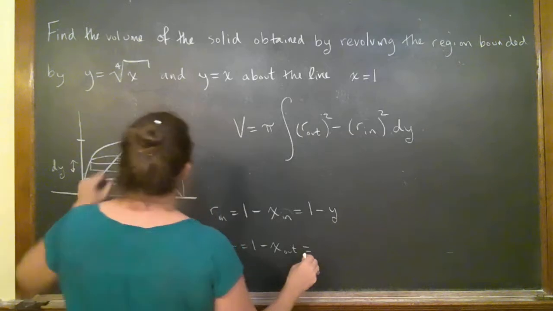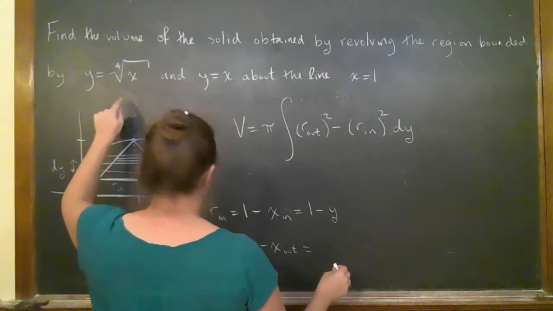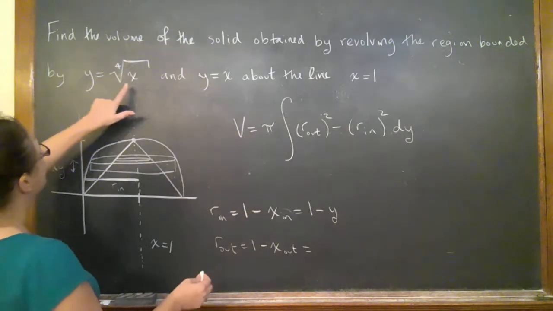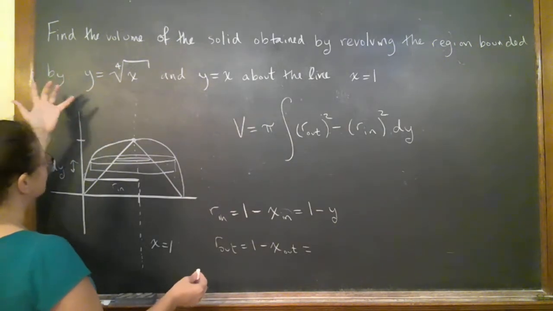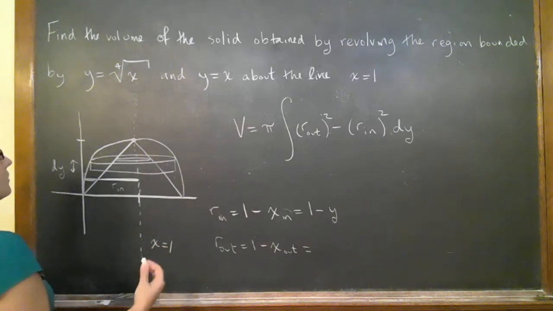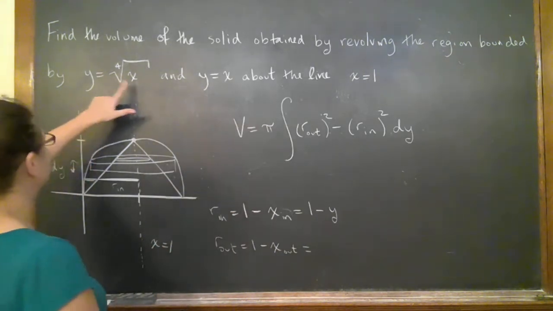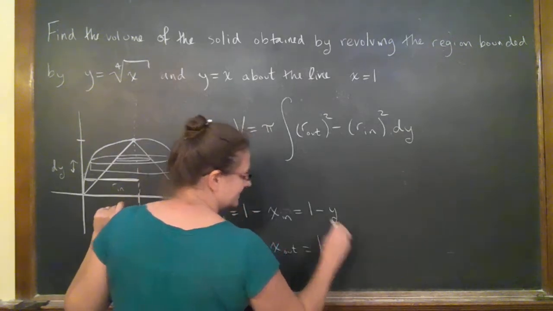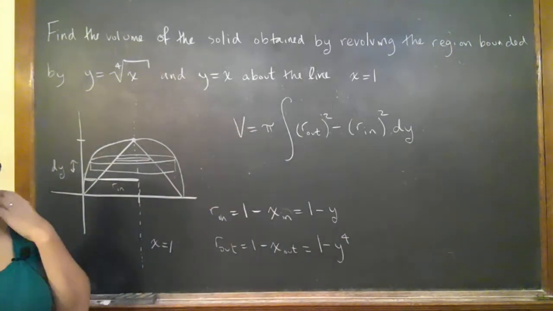So I have to solve this, right? I raise everything to the power of 4 because I need to put it in terms of y. So then this is going to be 1 minus y to the 4th.